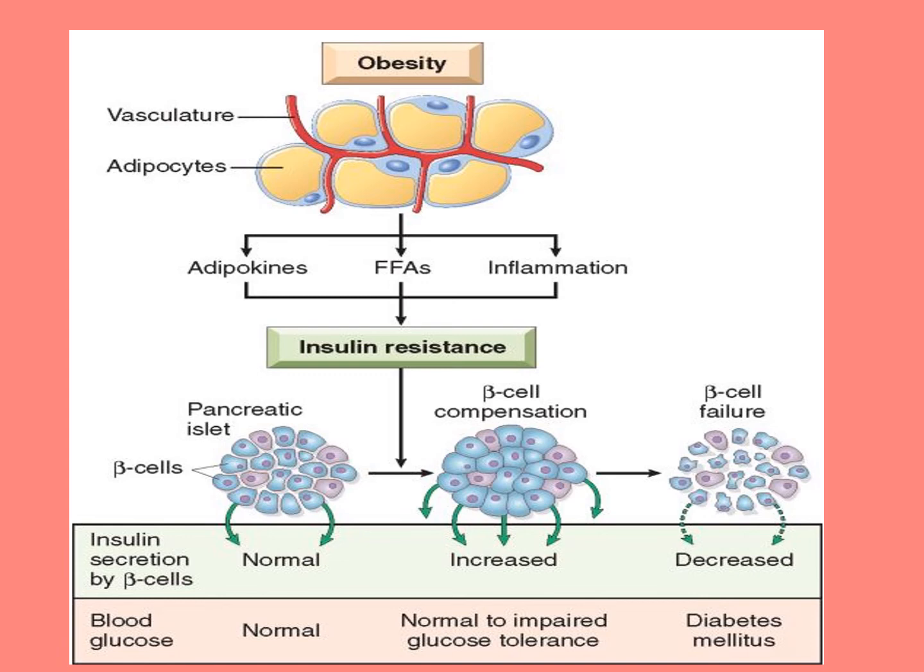This leads to insulin resistance, and the pancreatic beta cells, as they are normally functioning, say in a 70 kilogram individual, if he or she keeps on putting on weight, the beta cells try to compensate for that by increasing the output, by increasing their size, but progressively the proposed mechanism is that these beta cells get exhausted, there is a failure of the beta cells, and this is how diabetes mellitus type 2 is going to develop.